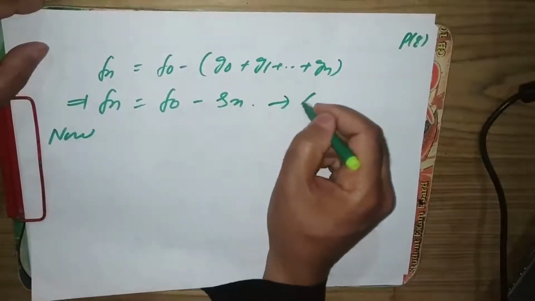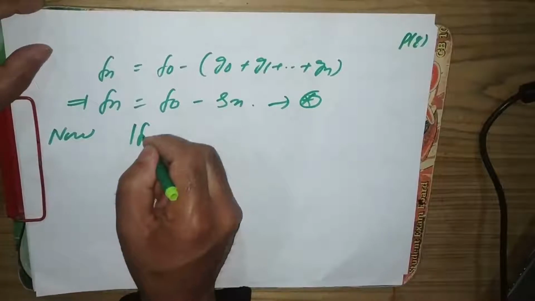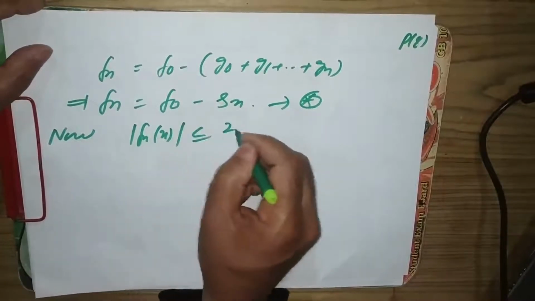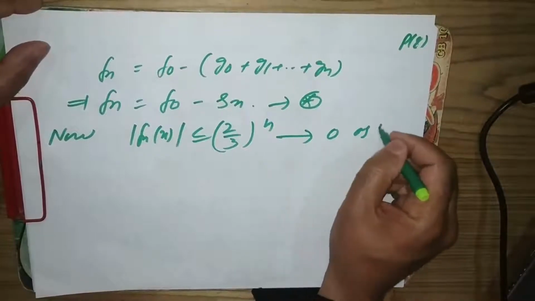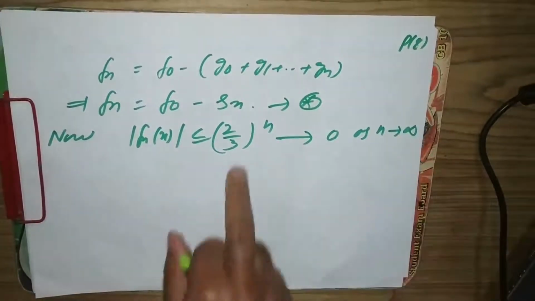Let's name it star. Now what's the modulus of f_n(x)? It's less than or equal to (2/3)^n. Letting n approach infinity, it approaches 0 because 2/3 is less than 1.